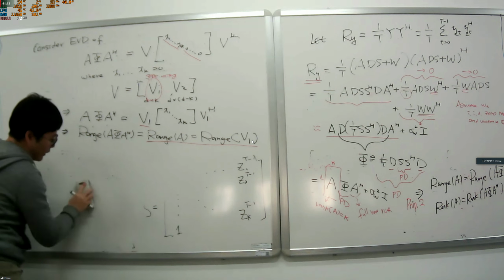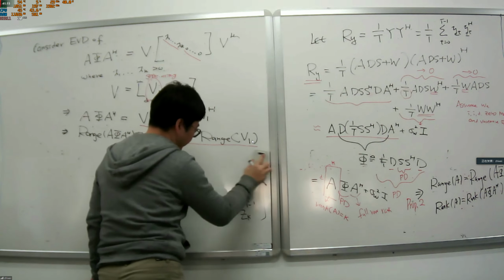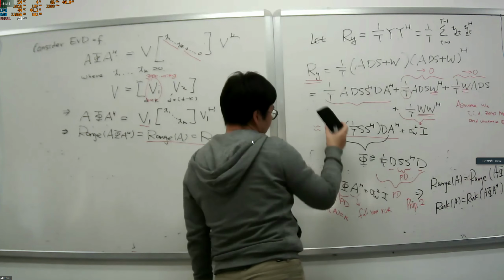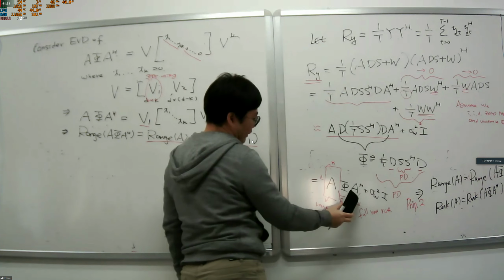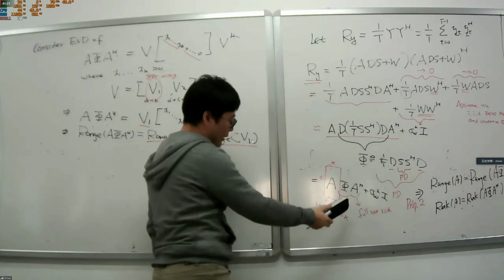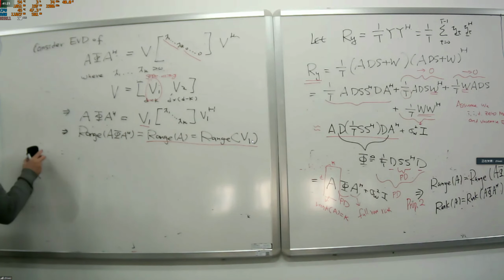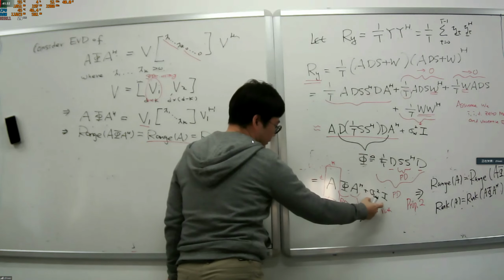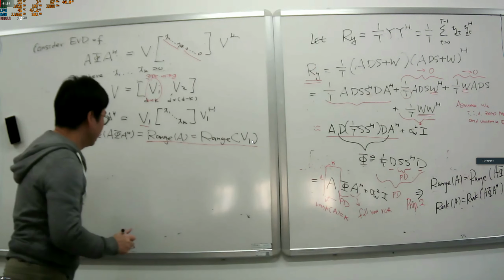We look at the eigenvalue decomposition of this A phi A Hermitian because Ry is A phi A Hermitian plus an identity. So basically the eigenvectors of A phi A Hermitian are the eigenvectors of the whole Ry.